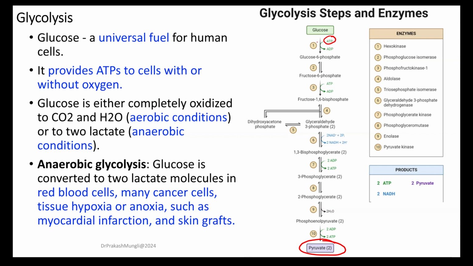ATP enters, breaks the terminal phosphate, gives energy, allows the reaction to go in the forward direction, and then moves on, right? And then again, as you see here, in the third reaction, there is another ATP entering in, and that energy is used to conduct the reaction in the forward direction.